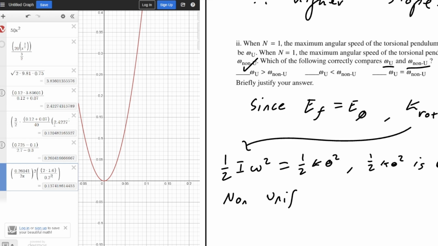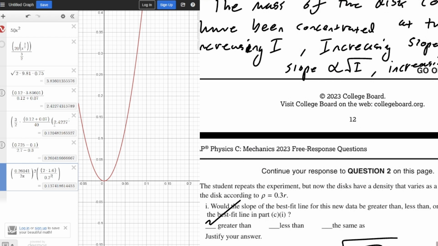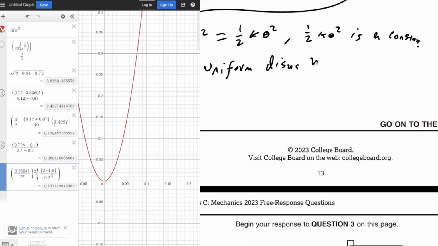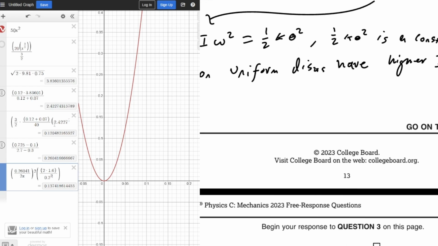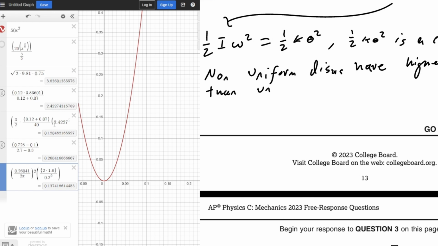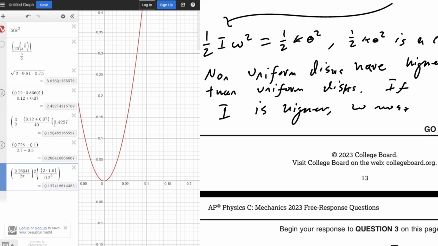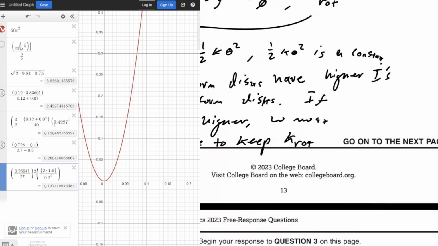Non-uniform disks have higher I's than uniform disks. If I is higher, W must decrease to keep K rot constant.